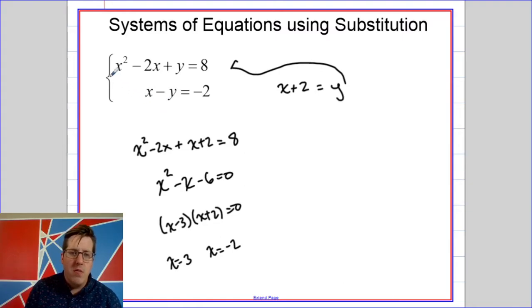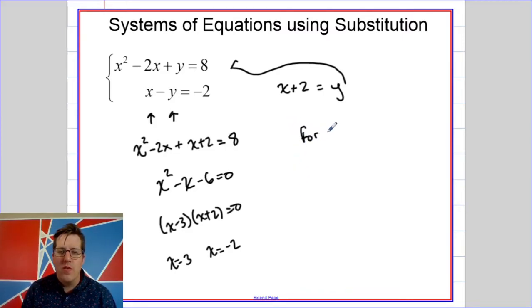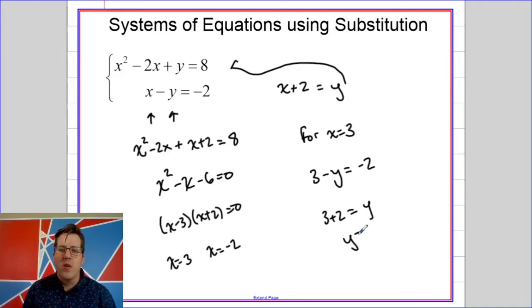But I'm looking, because of the way that this question is posed, for x values and y values that make these equations true. So if I plug in x equals 3, I'm going to get y equals 5.